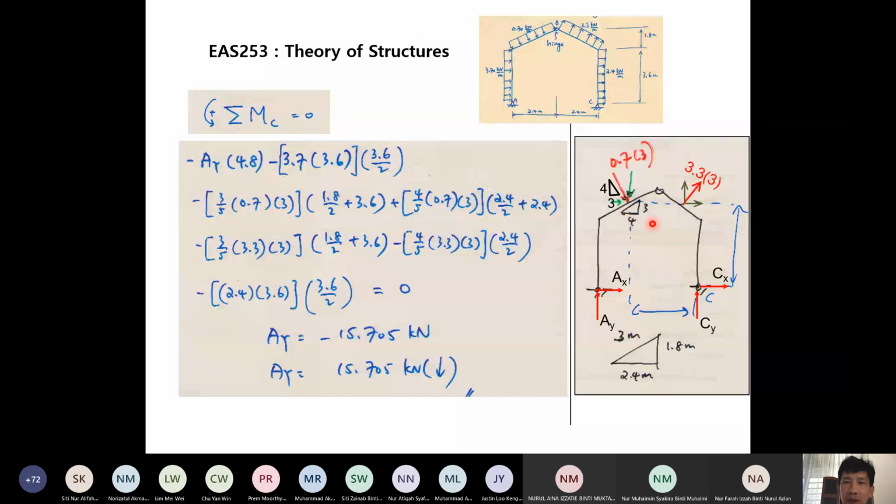This is for the inclination of the member. But when we want to find the component of the force, then we need to rotate this. Remember what we discussed last week, and when I discussed with you yesterday in one of the lectures, how to consider this inclination when you want to find the component of the forces in X and Y directions.